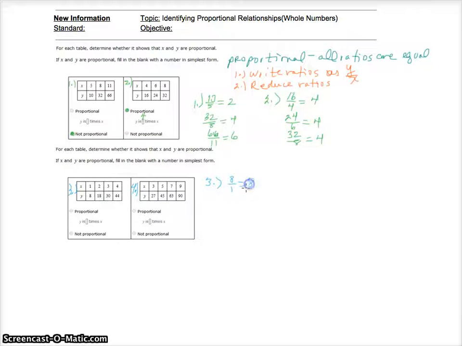That reduces to 8. 18 over 2 is my next one, which reduces to 9. 30 over 3 reduces to 10. And 44 over 4 reduces to 11. These are not equal, so they're not proportional.